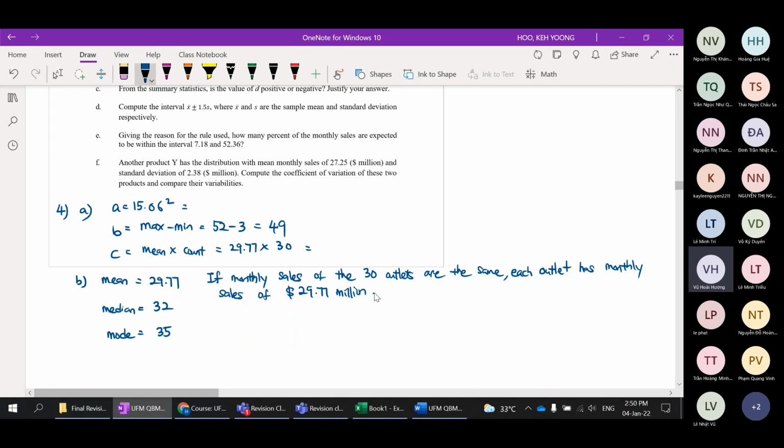So if each and every outlet has the same monthly sales, then each of them has monthly sales of $29.77 million.